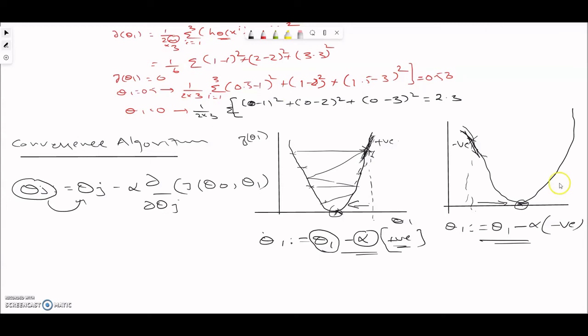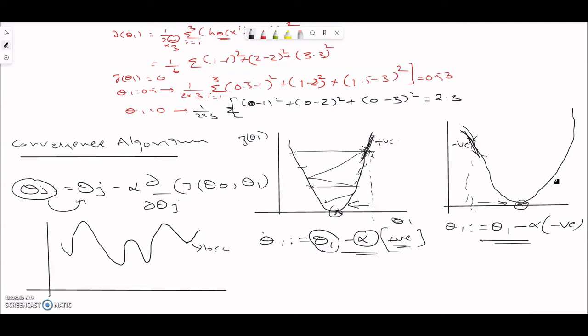As I'm saying global minima, on the x and y axes you will find different local minima. Suppose you have an equation with some kind of curve like this. This is a local minima. Every time you start with some point here, in some cases you may fall into the local minimum.